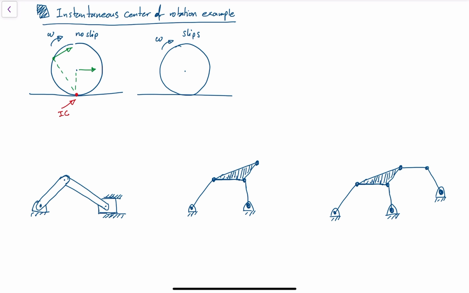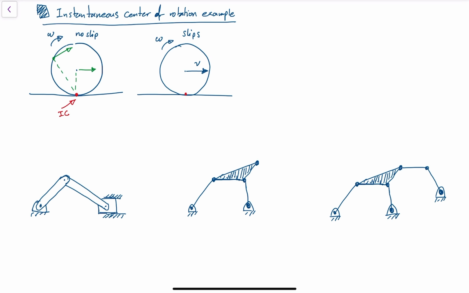The other example I have is when we have a wheel, but the wheel slips. Now the velocity of the center of the wheel is potentially bigger than it used to be in the no-slip condition. In this case, we know the velocity of the contact point is no longer zero because we have slipping, but how do we find where the instantaneous center of rotation is?